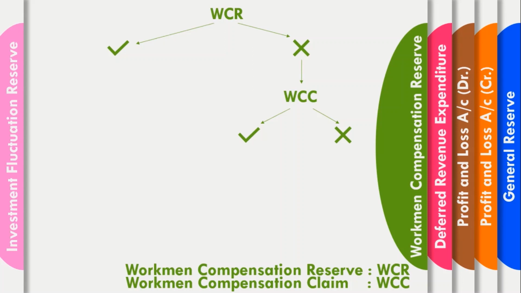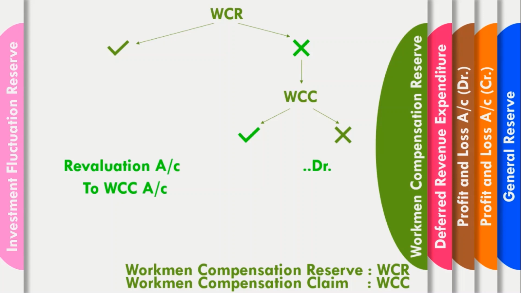And if workmen compensation reserve is not there, but workmen compensation claim is there, now we are not having any money, but the claim has to be paid. So we will make a liability, so to workmen compensation claim account. Now as we have to pay, this is expense or loss for us. So we will debit the valuation account as studied in our last video.